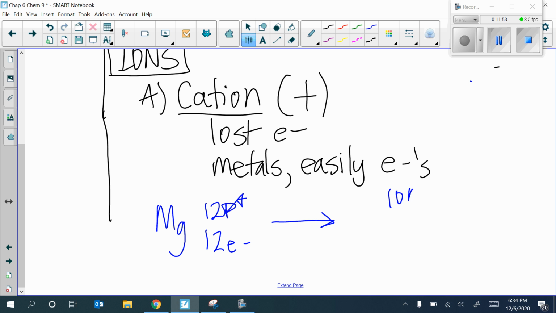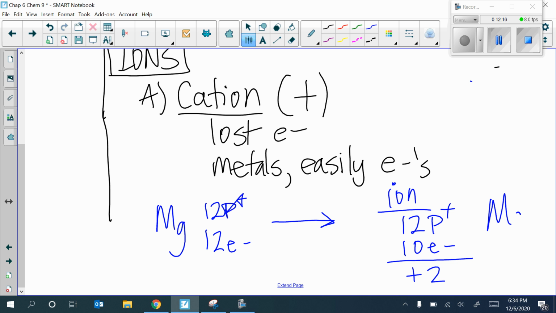So when it becomes an ion, it has 12 protons, and then if it loses those electrons, then it's going to have 10. So then it has a positive 2 charge. And that's how we would write this, it's Mg plus 2. And that's called a superscript.